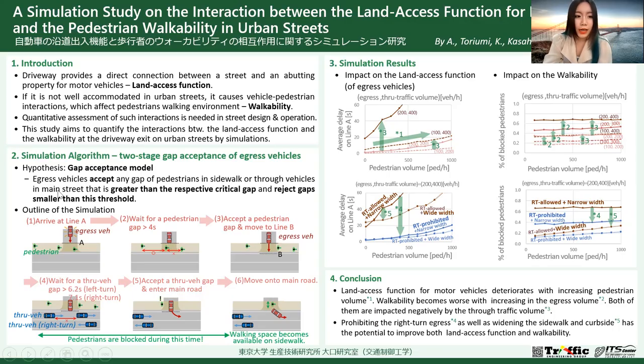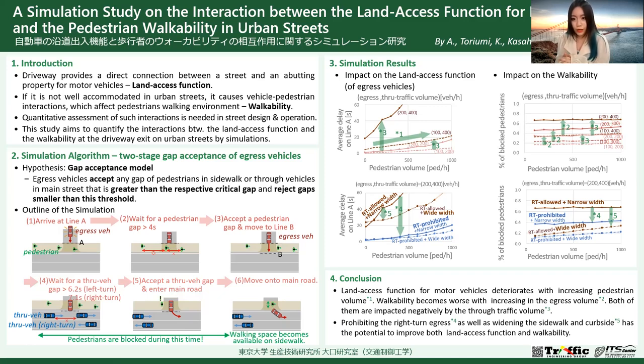Firstly, step one is that the egress vehicle goes from the off street to the main line. So firstly, when it stays on the line A, we see this as step one. And then the egress vehicle waits for the pedestrians on the line A and waits for a pedestrian gap, the first gap. Once the first gap is bigger than 4 seconds, it can go on to the next step, step three.